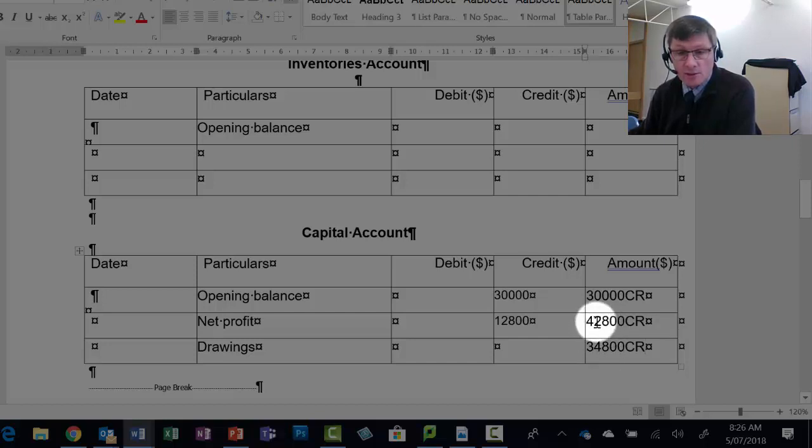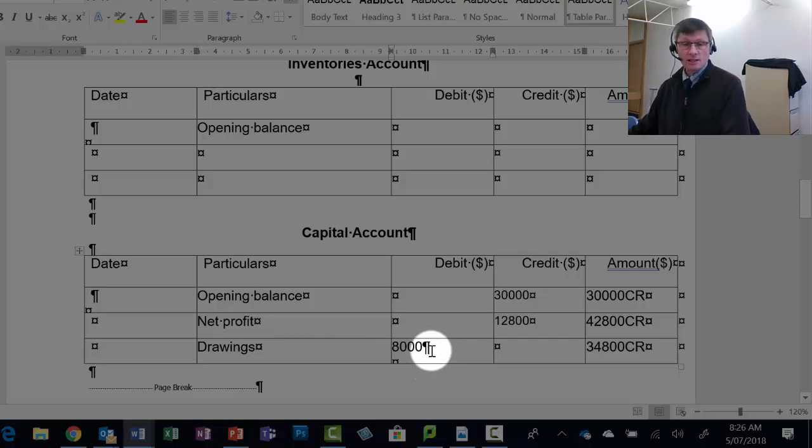So it went from 42.8 to 34.8. So how did that occur? Well, it must be that drawings is 8,000. Right, let's do some maths. 42,800 credit and $8,000 debit is going to bring the final balance down to 34.8. So there you have it. The missing link here is the drawings of 8,000.